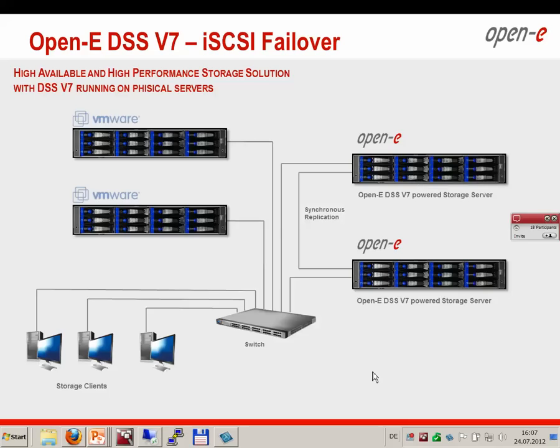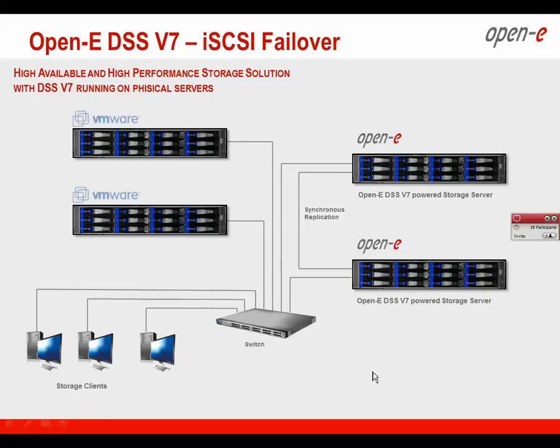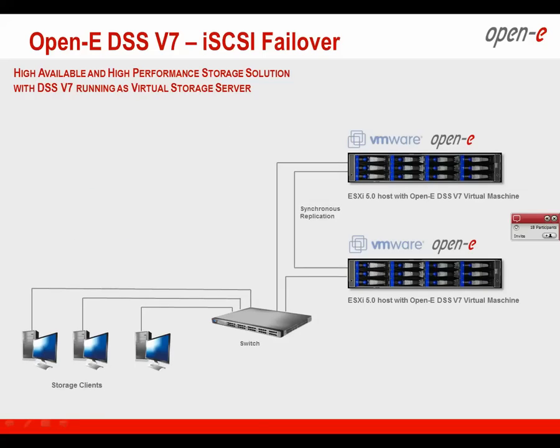What we are going to show today is that on the first server we'll have a VMware ESXi host running, and DSS will be installed as a virtual machine, and the same setup on the second server. So we reduce the number of servers to two only, and the servers are also very poor in resources. We'll have only two network cards per physical server.